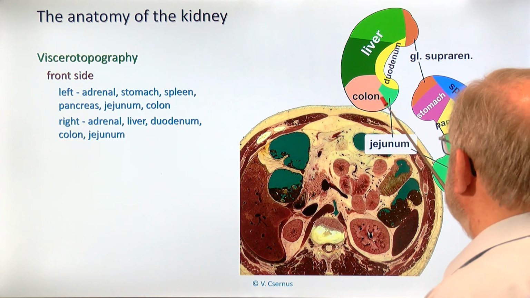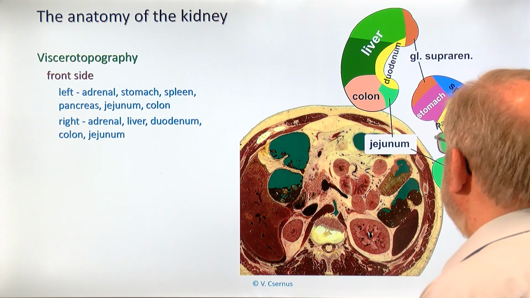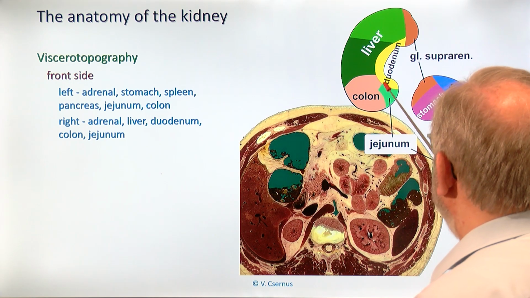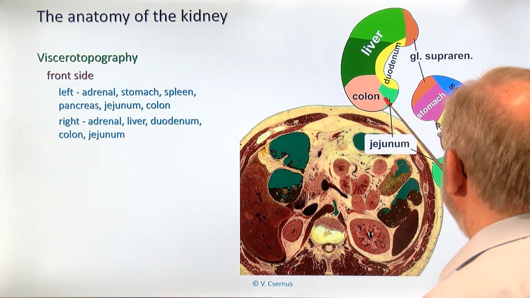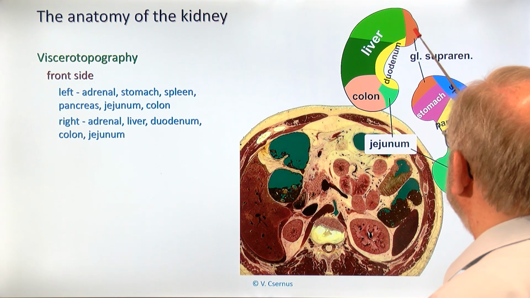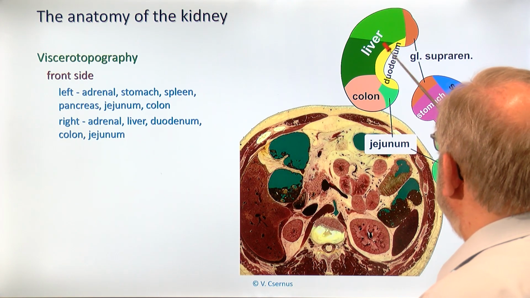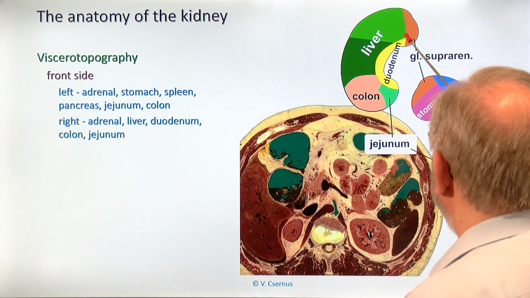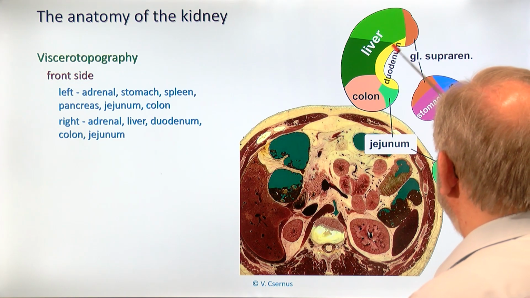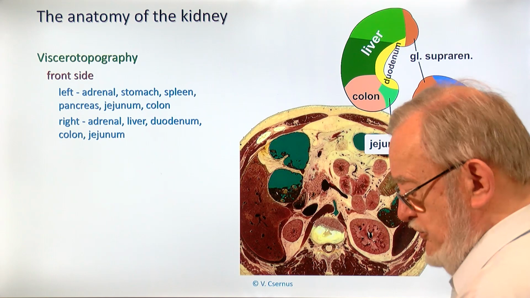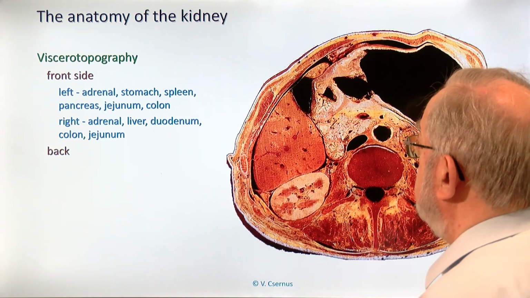Below that it's in contact with the colon, the right colic flexure. In a small area it is in contact with the jejunum, and of course on the top we have the adrenal gland, and in front of the hilum of the kidney, we have the horseshoe-shaped duodenum.